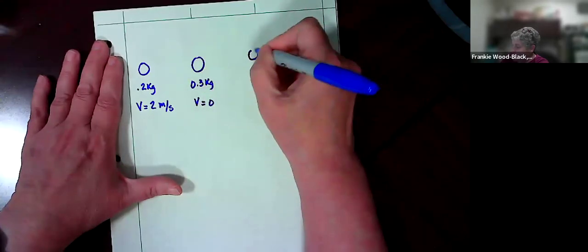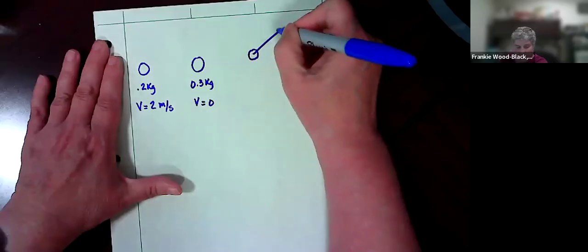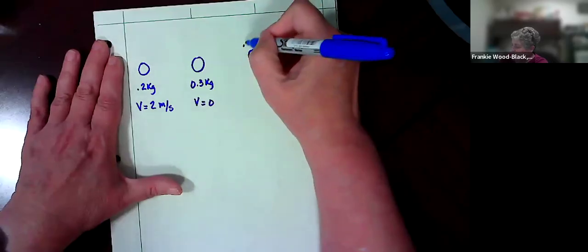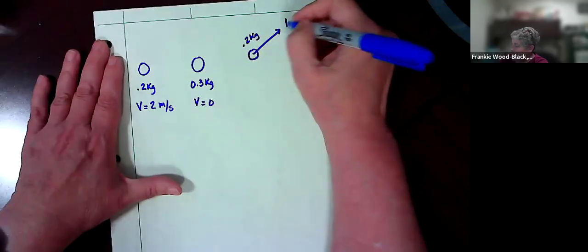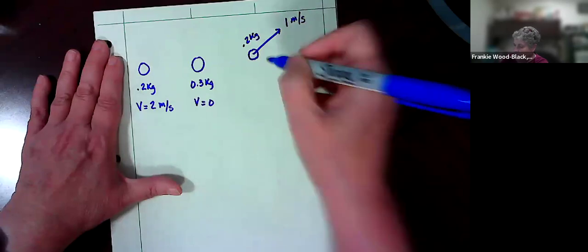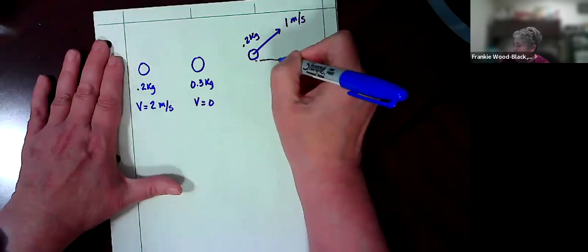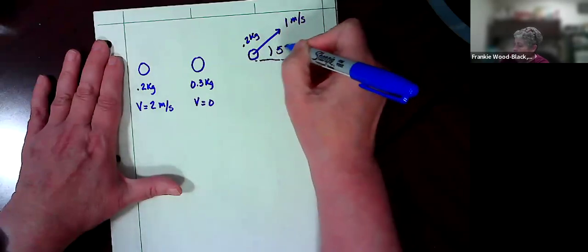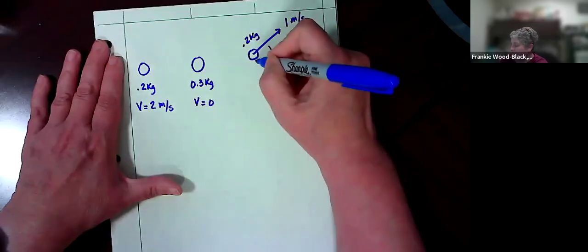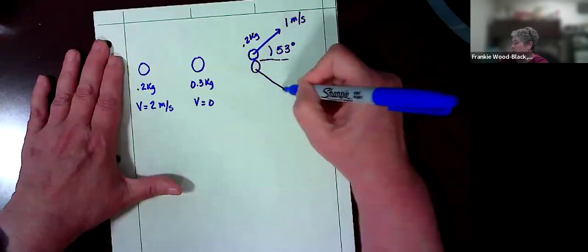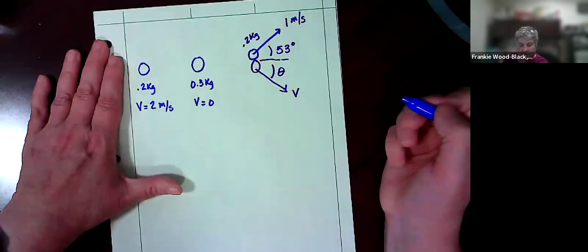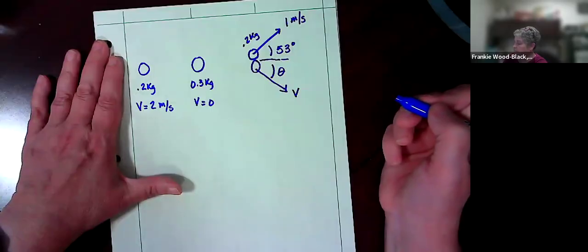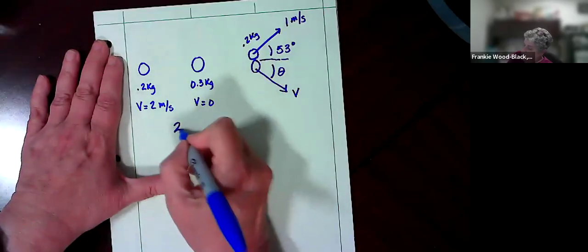After the collision, this is the 0.2 kilogram one. It's going to go off at 1 meter per second, at an angle of 53 degrees. We want to know which direction this one goes off, so we want to find the angle and the velocity. This is a two-dimensional problem.